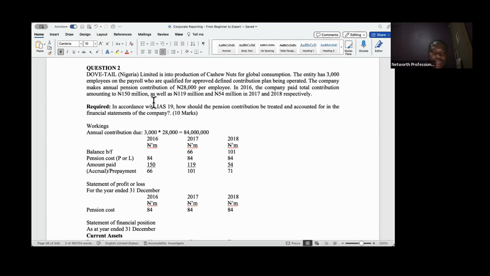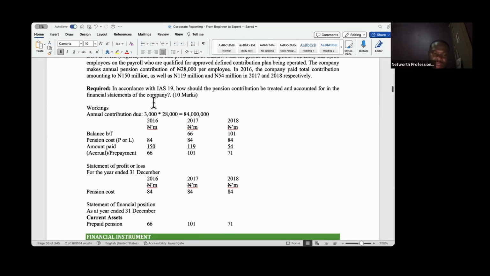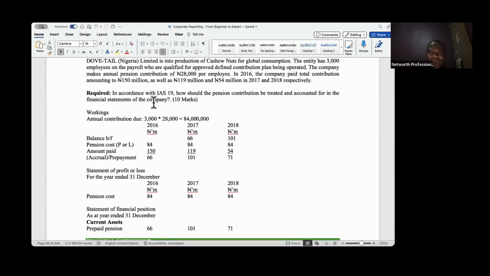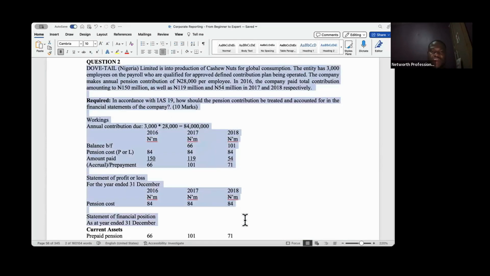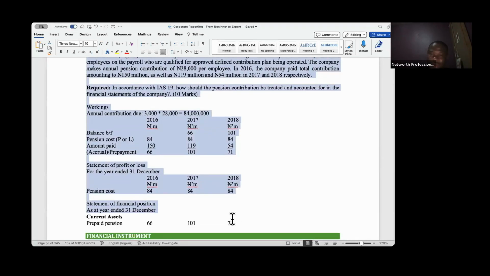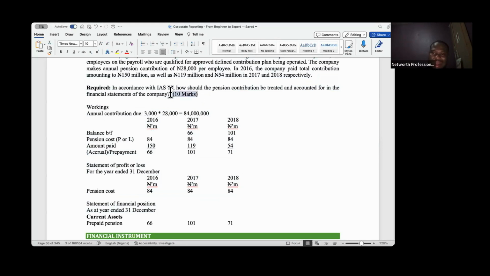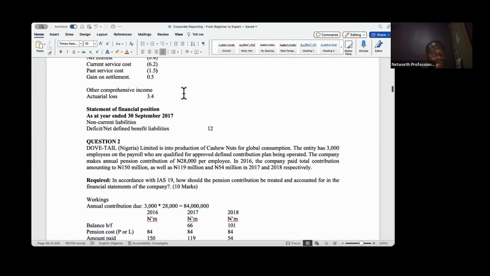And let me not assume, but you are not showing as if you have really revised these things. This was the last question ICAN asked, and it was on defined contribution plan. It's very straightforward, and it was for 10 marks. And this is from the last two diets. So it's really nothing serious.